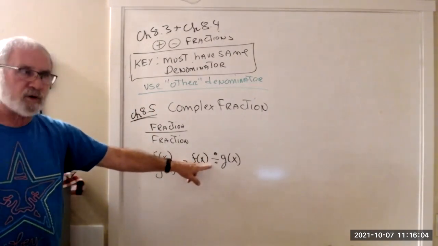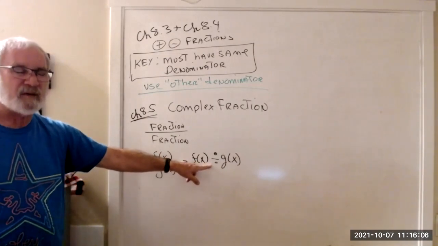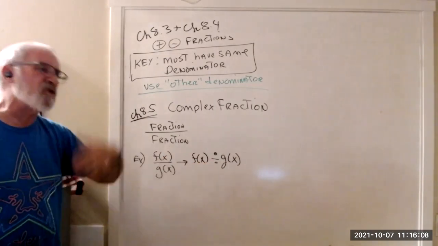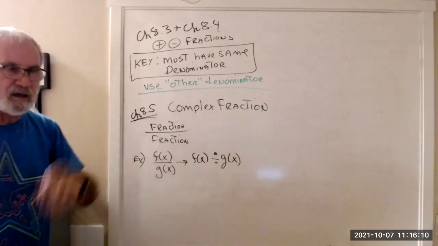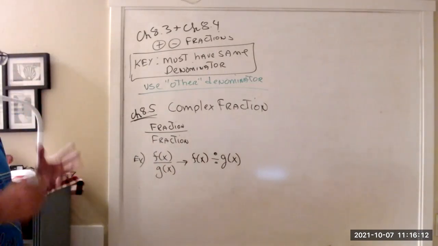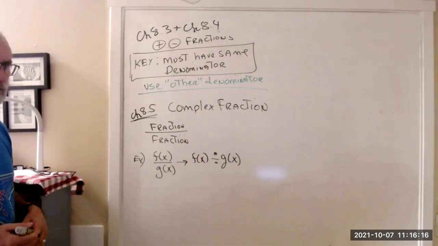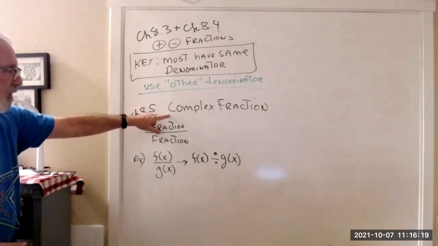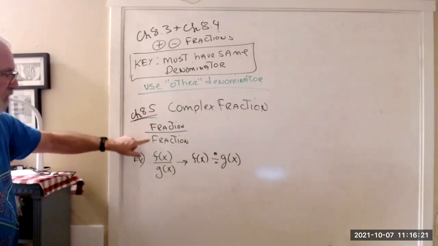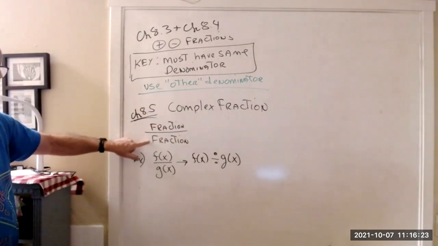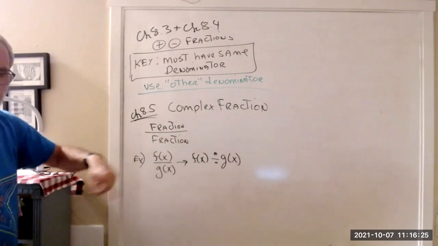And that usually works about 90% of the time. Occasionally it doesn't work, and whether I get to it tonight or tomorrow night, we'll study when it doesn't work. But a complex fraction is a fraction divided by another fraction. A fraction over a fraction.